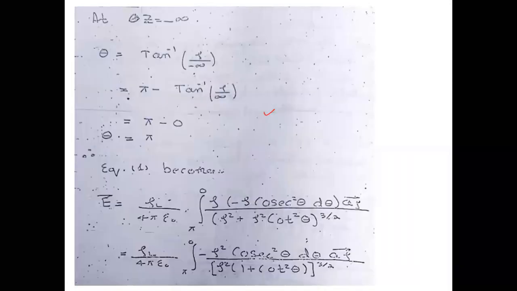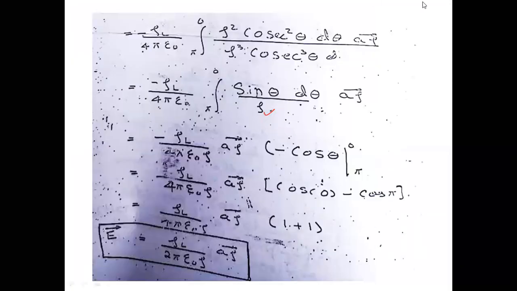Okay, so now the rho square cosecant square theta over rho cube cosecant cube theta. Okay, so dividing rho square by rho cube, we will get 1 over rho, and cosecant square by cosecant cube, so we will get 1 over cosecant, which is equal to sine theta.